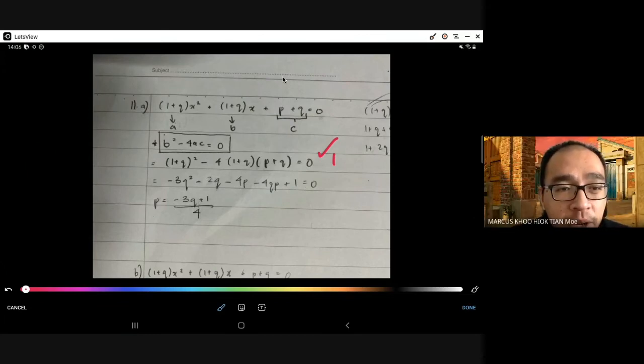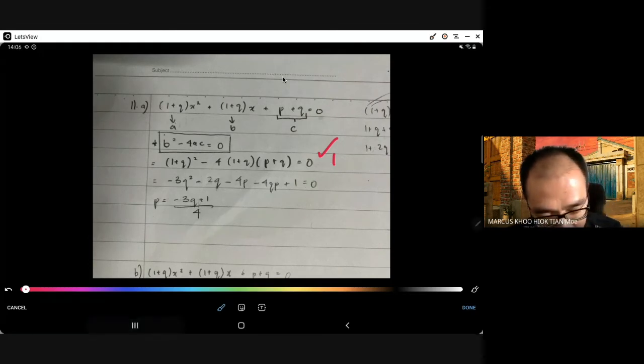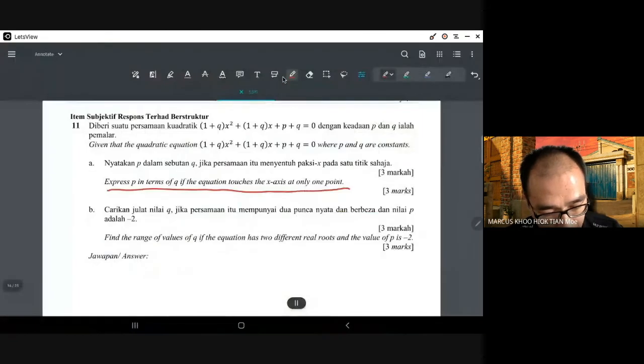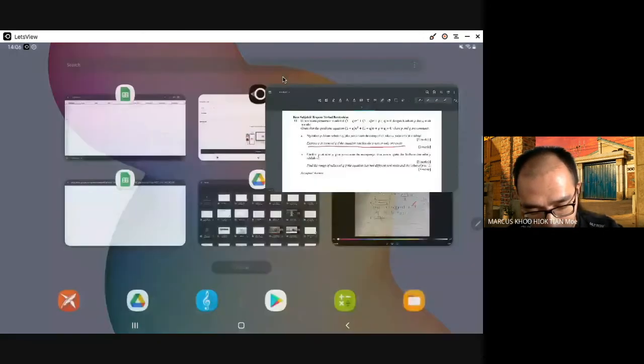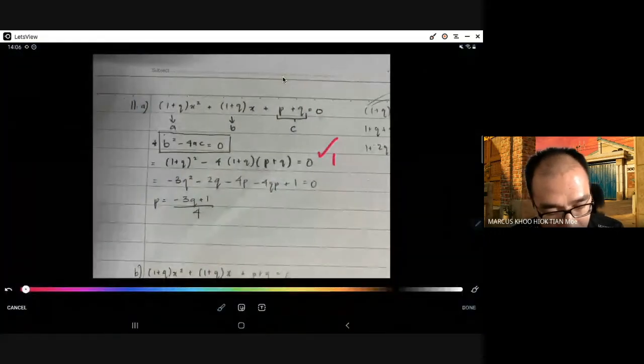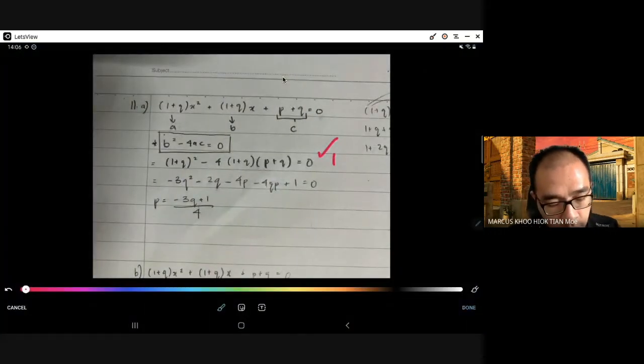My question is, let me just double check: 1 plus q x squared, 1 plus q x, and p plus q. I think the fact that you got the ABC correct is good, and you got the fact that b squared minus 4ac is equal to 0. That is good.